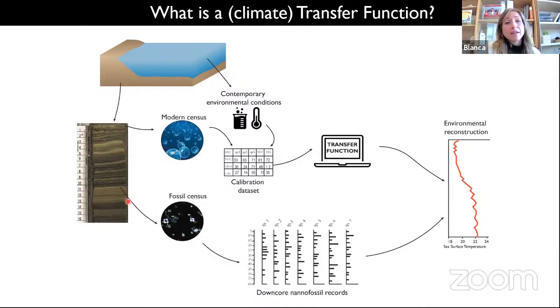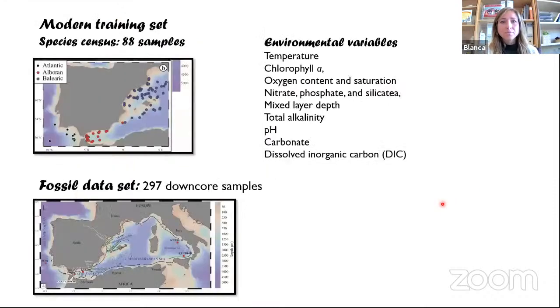Afterwards, we will apply the obtained calibration to this fossil data set in order to reconstruct specific environmental variables. In this study, I will show you an example for the Western Mediterranean, which is characterized by very strong latitudinal gradients of water properties determined by the entrance of the Atlantic waters through the Strait of Gibraltar.